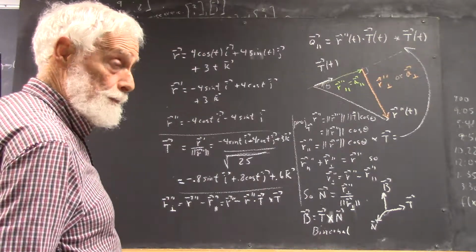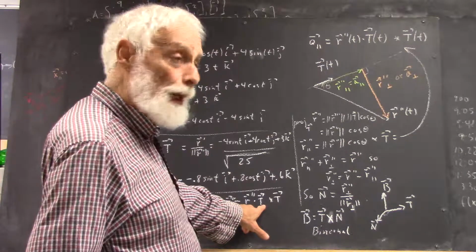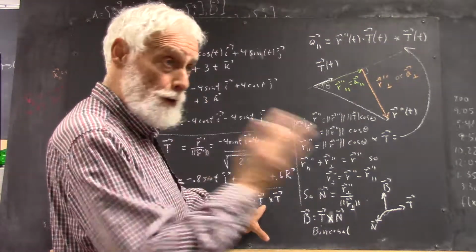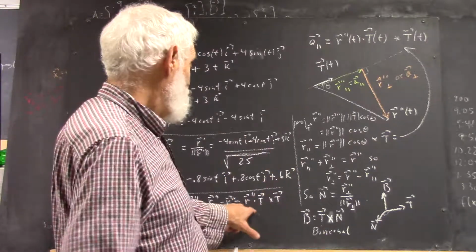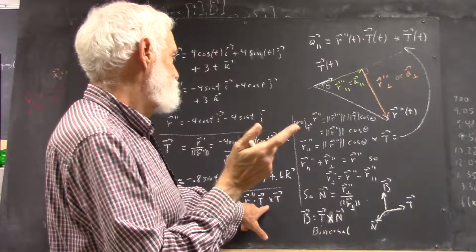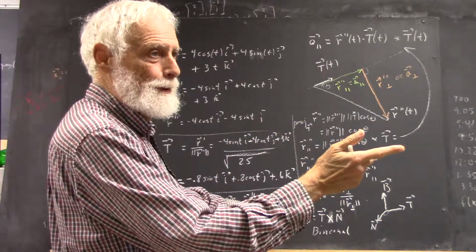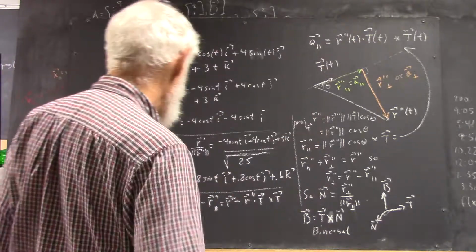That being essentially the magnitude of the component of your R double prime in your direction, but with the proviso that the dot product takes care of the fact that your acceleration might be in the direction opposite your direction of motion, as we talked about here.